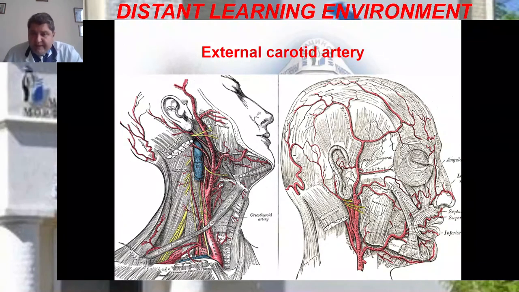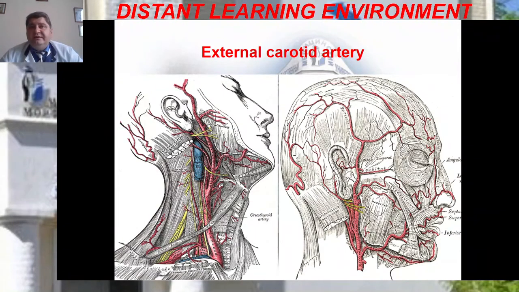So you may see the branches of the facial artery here. First, you may see the branch to the submandibular salivary gland. Next, you may see the branch which goes from the cervical part of the facial artery to the palatine tonsil.